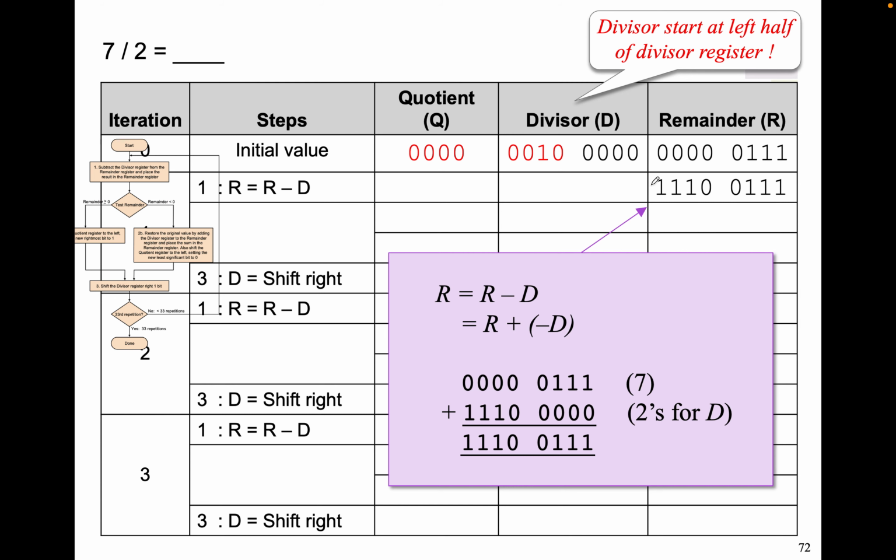Let me check. For this question, it asks you to convert it, because as I mentioned just now, you have r minus d, then you will get r plus minus d. This value, as mentioned, is negative.